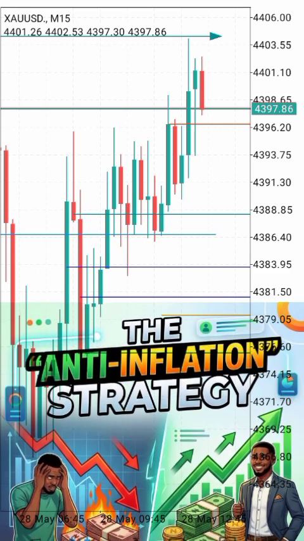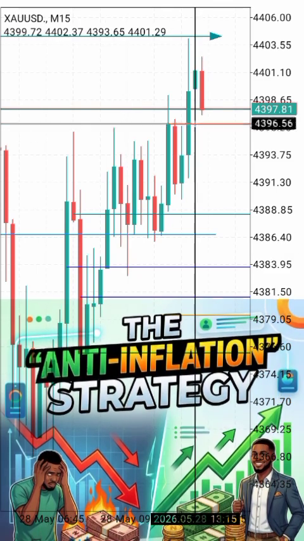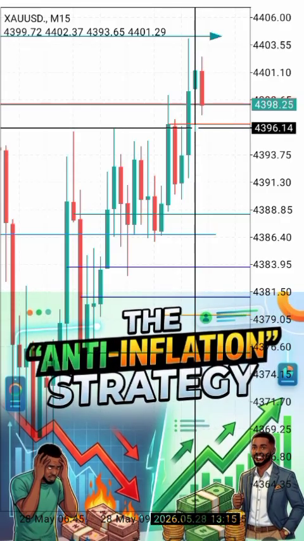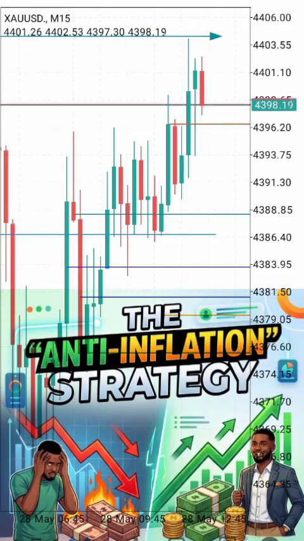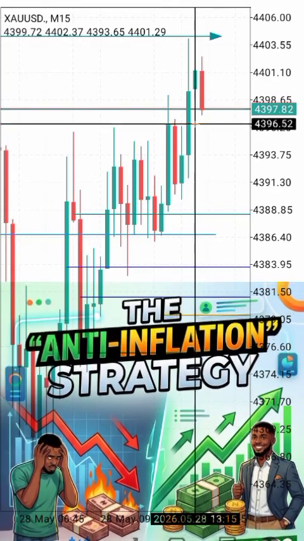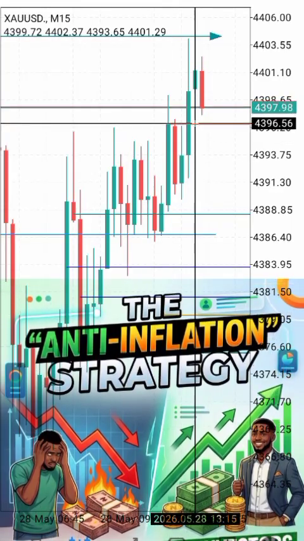Otherwise, we follow after the break of deviation limit, we wait for a retest, okay, of the entry level. So how does that happen? Let's look at the deviation limit here at 4426.